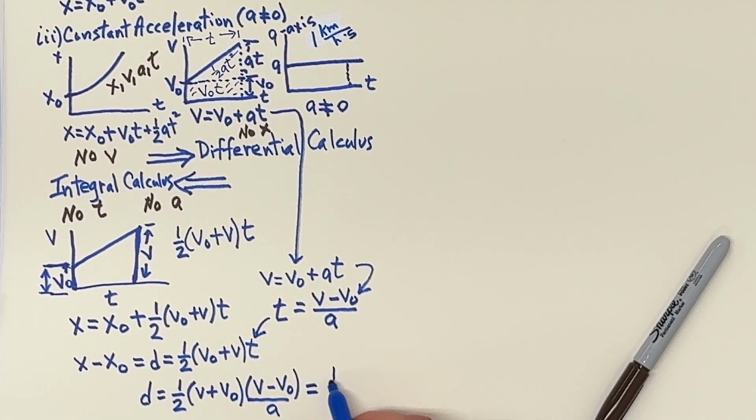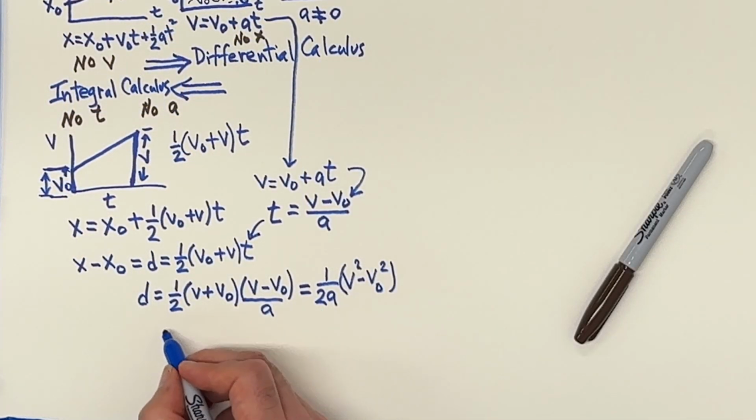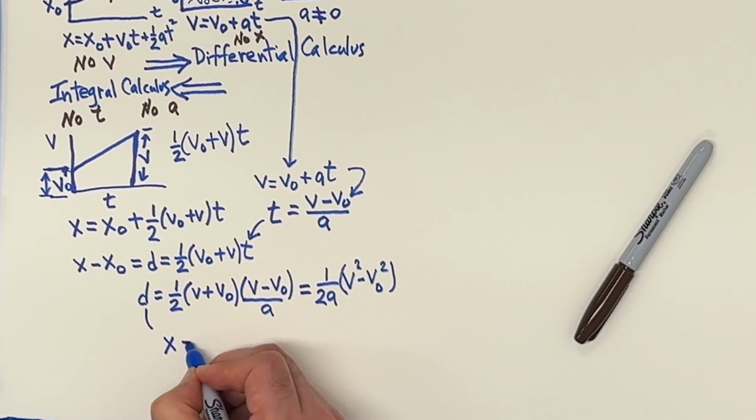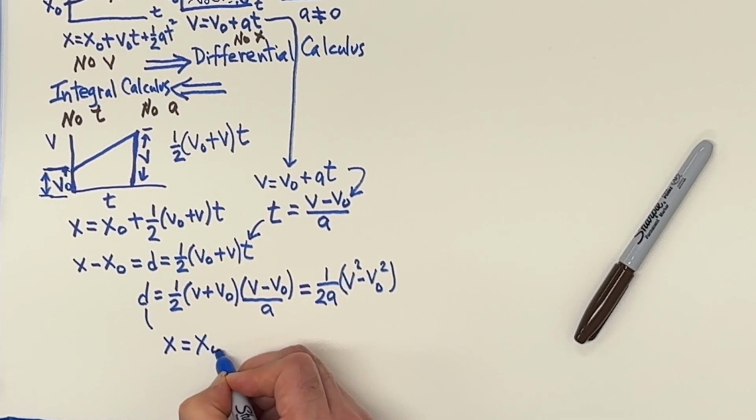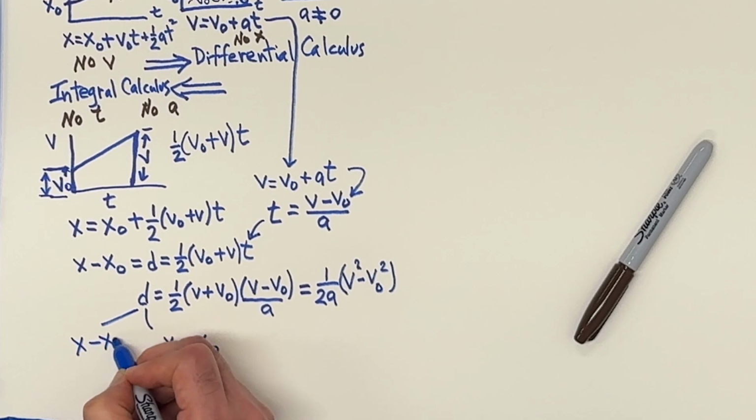So this is going to be 1 over 2a, v squared minus v naught squared. And that's my fourth equation, one that has no t in it. So now I can put this back as x is equal to x naught. Well, this is actually x minus x naught.